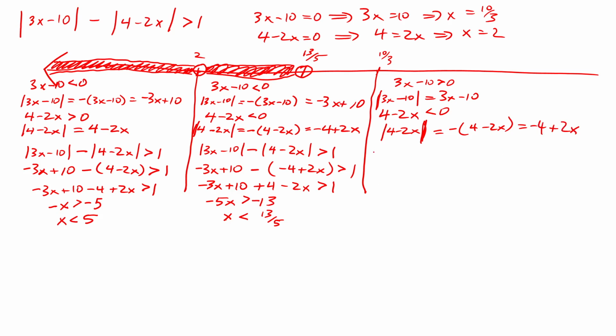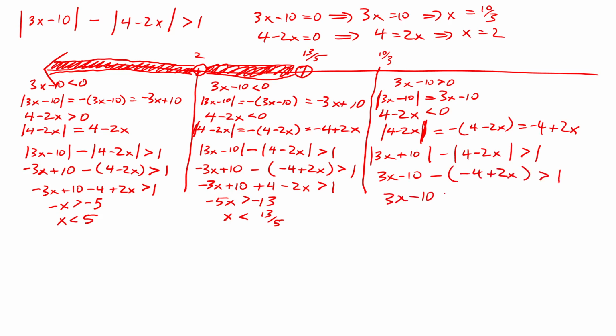So our inequality up at the top, which I am rewriting now for clarity, can be re-expressed as 3x minus 10 minus the quantity negative 4 plus 2x is greater than 1. So 3x minus 10 plus 4 minus 2x is greater than 1, which means x is greater than 7.